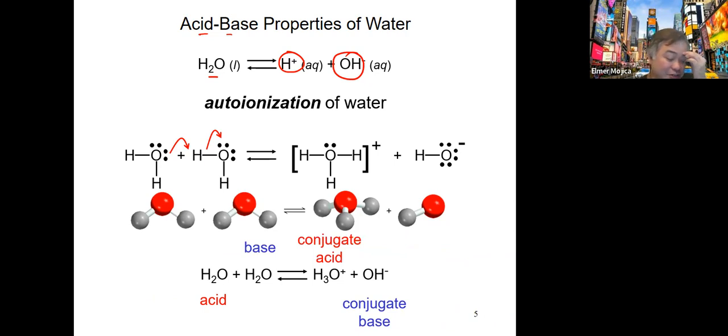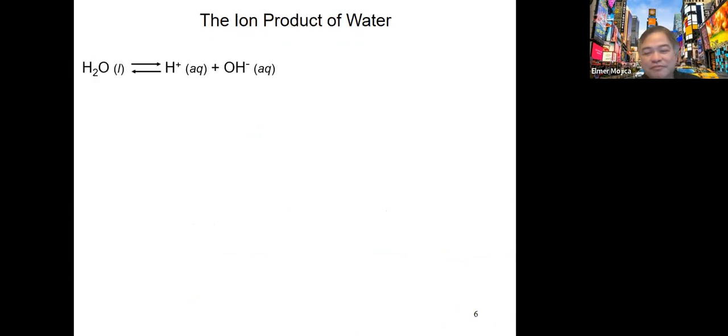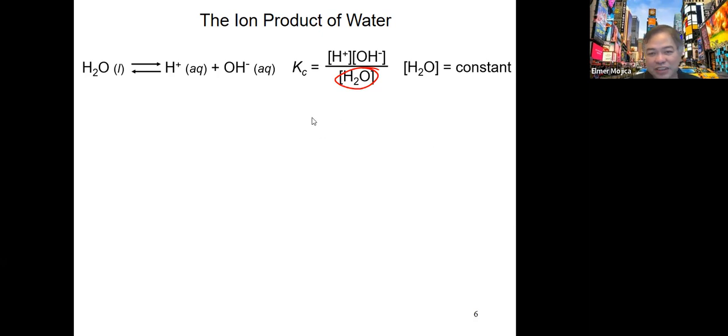So if we're going to look at the reaction of water, it produces ions, right? H plus and OH minus. So what do we know from our expression? Do we really need to include H2O? No. If we don't include that, because that's a constant, we can incorporate it with Kc.